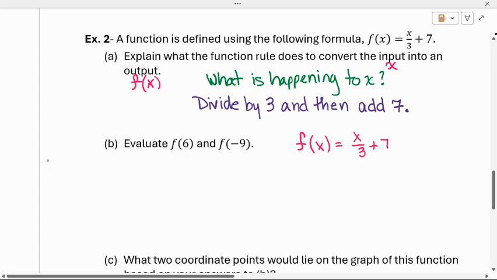So when we evaluate f of 6, I replace the x with a 6. So 6 divided by 3 plus 7. Well, what is 6 divided by 3? It's 2. So this equals 2 plus 7. And what is 2 plus 7?